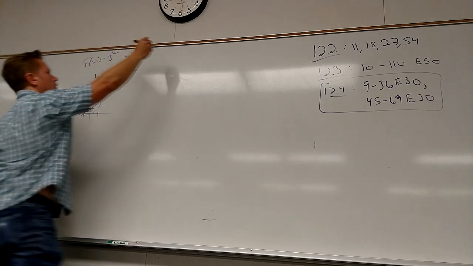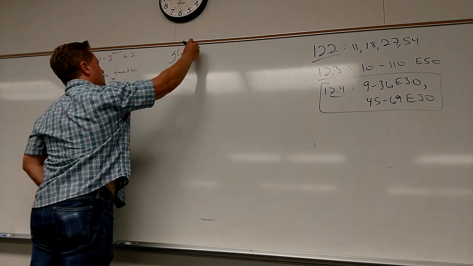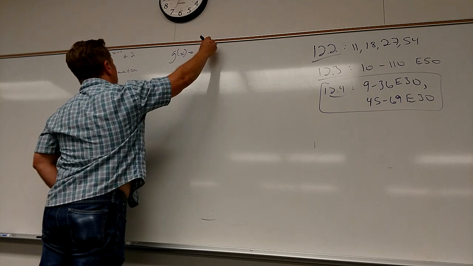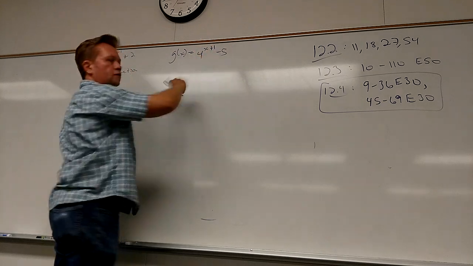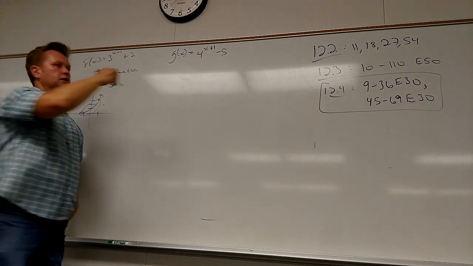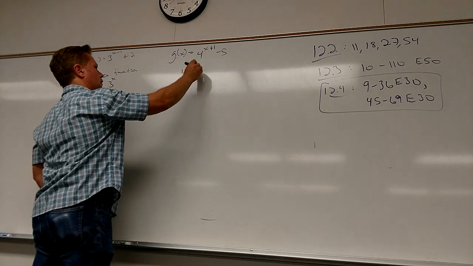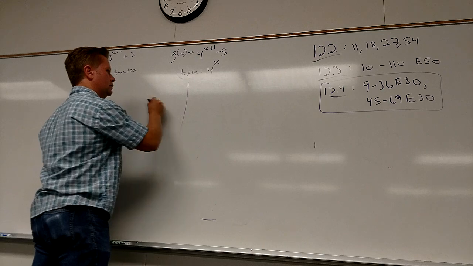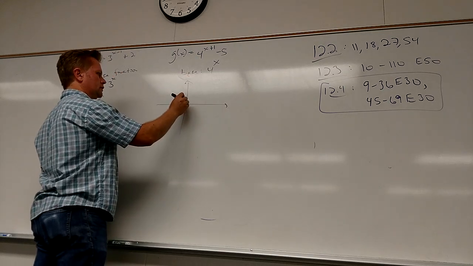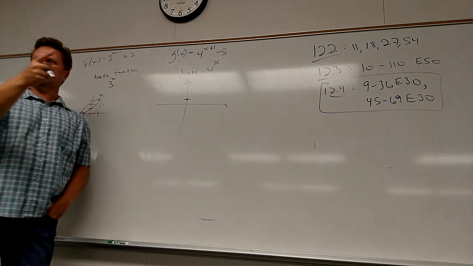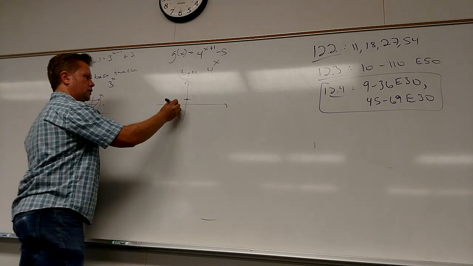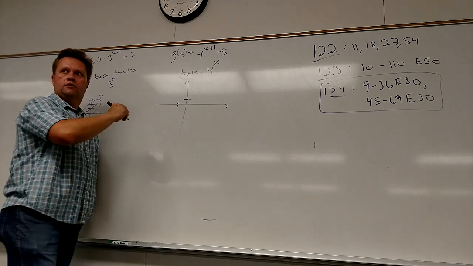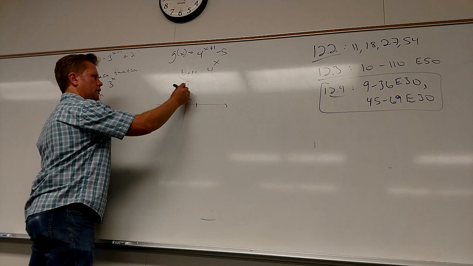So if instead it was 4 to the x plus 1 minus 5, what would the base function be? 4 to the x. And then my anchor points would be 0 goes to 1. 4 to the 0 is 1. 4 to the negative 1 is 1/4. 4 to the first power is 4.